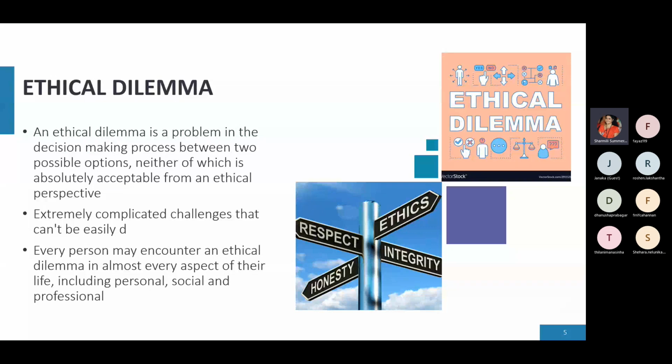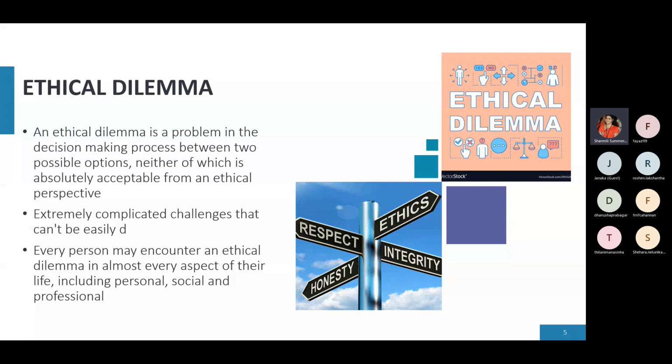So an ethical dilemma is a problem in the decision-making process between two possible options, neither of which is absolutely acceptable from an ethical perspective. So here also you are in a critical state. There is a problem. You need to take a decision or make a solution to overcome that particular problem. But the decision or solution that you make should be ethical.